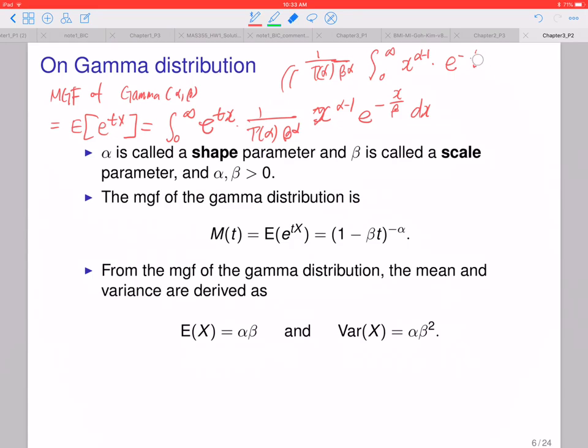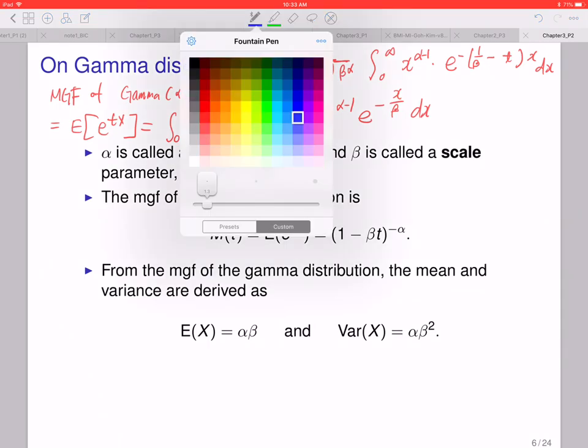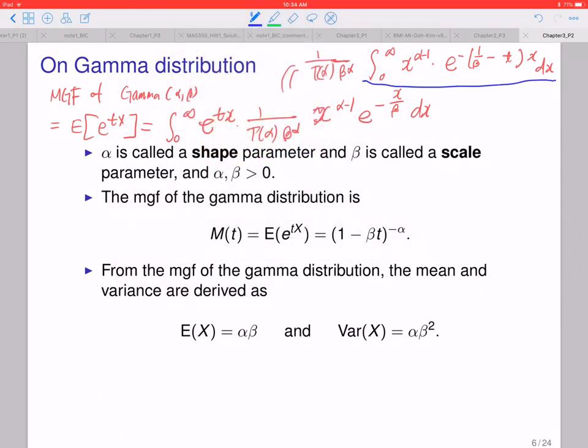You can write the exponent as minus (beta minus t) x.